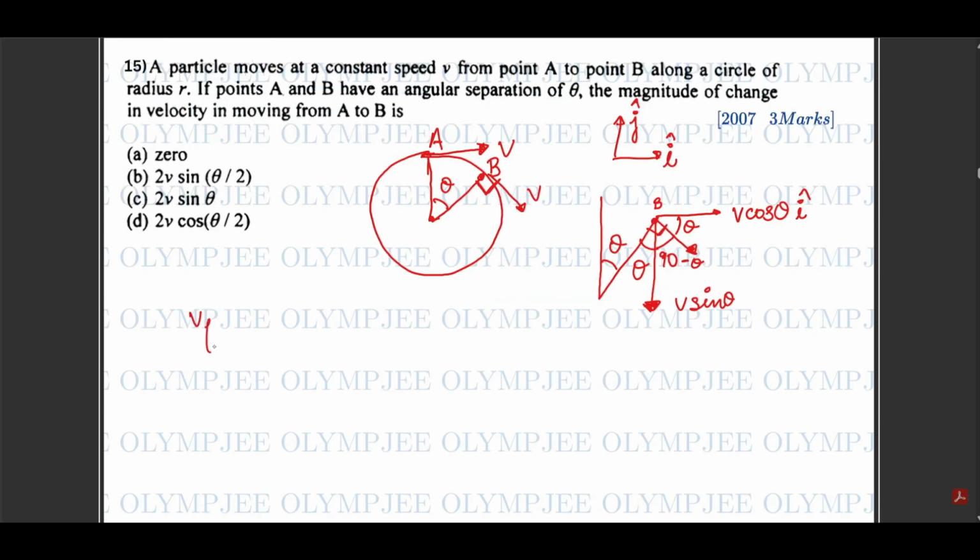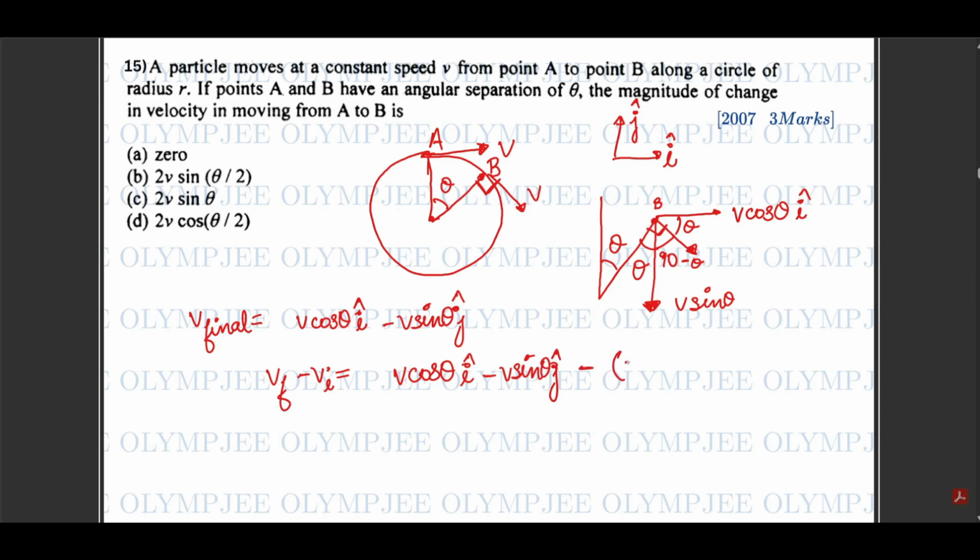v final will become v cos theta i minus v sin theta j. The change in velocity will be v final minus v initial, which is v cos theta i minus v sin theta j minus v in i direction, because v initial is v i.